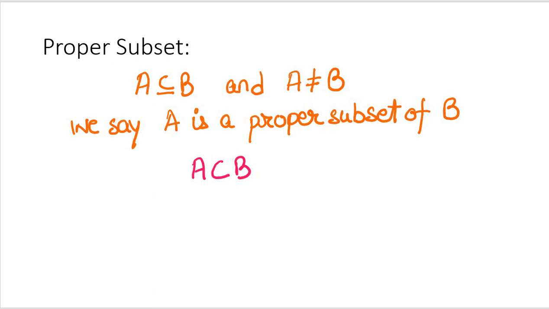So basically when A is a proper subset of B, that means there is at least one element in B which does not belong to A. Something, at least something is extra in B. That's the basic crux.